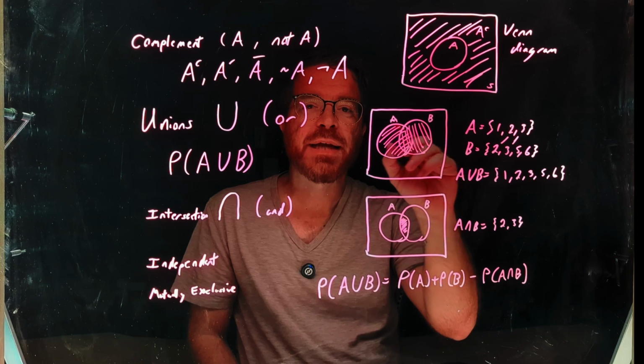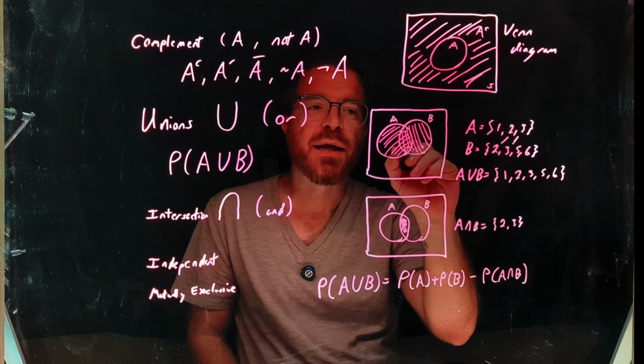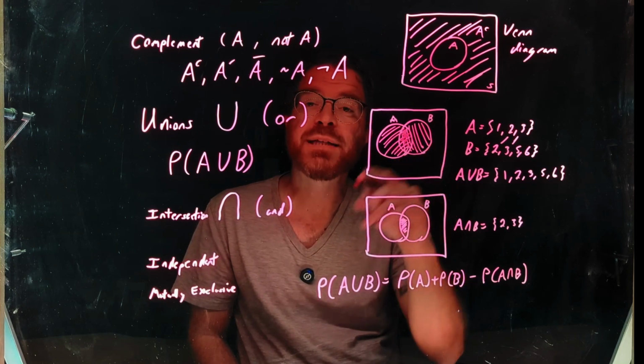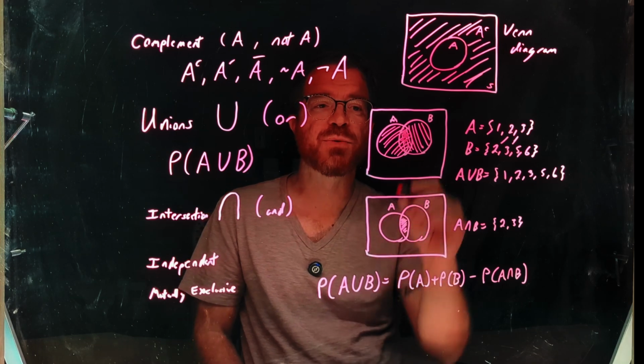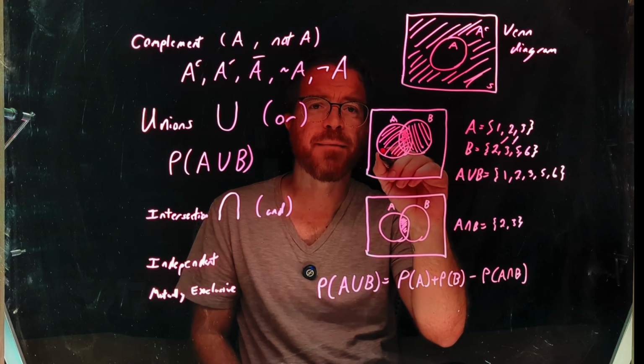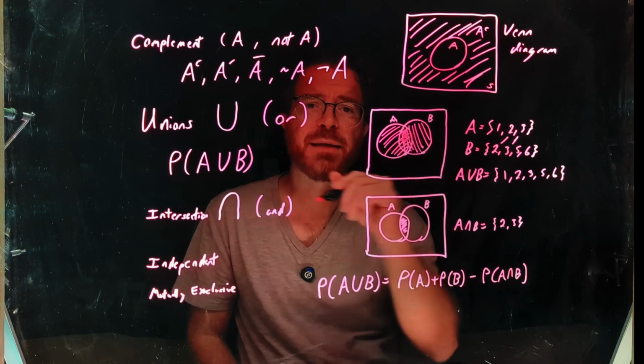Well, we counted everything in A. We counted everything in B. This area in the middle, we double counted. So basically what we're doing is we're saying the probability of everything in A plus the probability of everything in B.